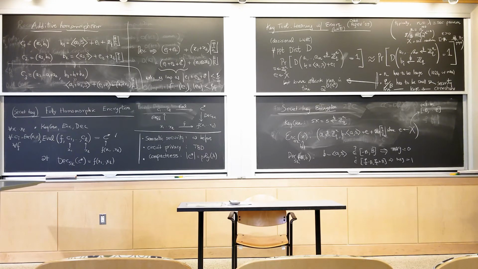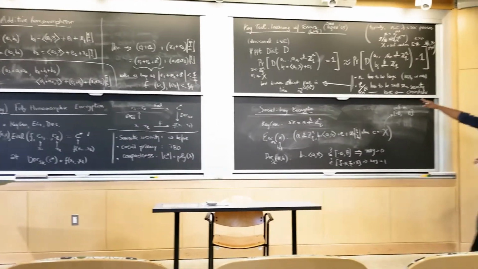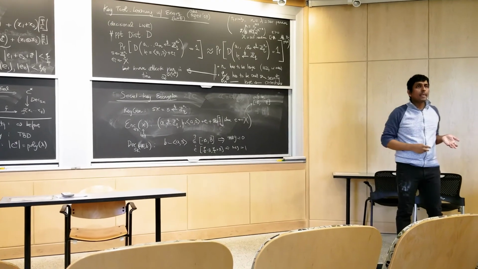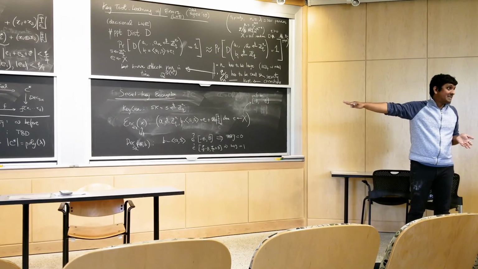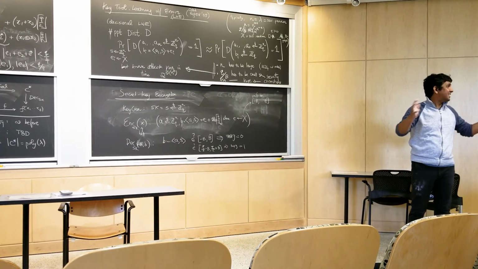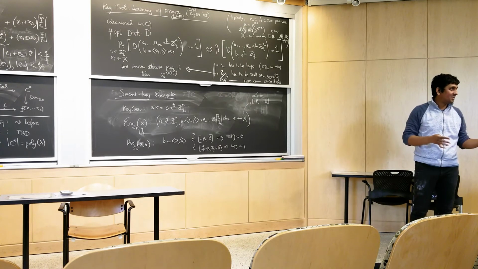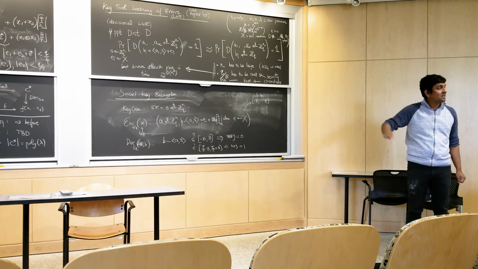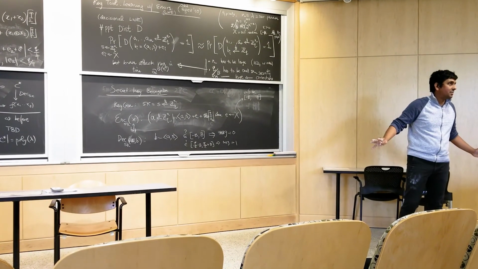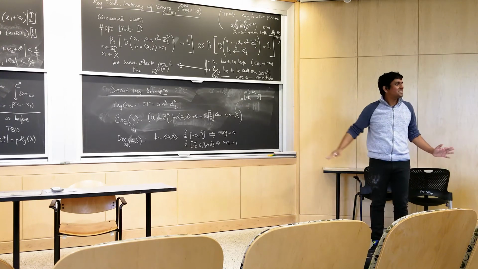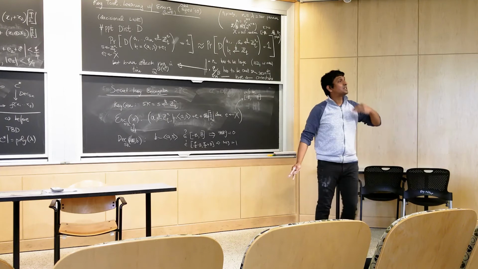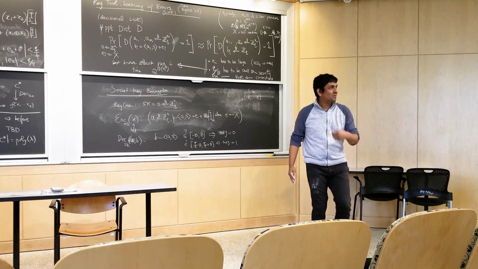To do multiplicative homomorphism, what I'm going to show you here will require me to set Q over B to be 2 to the n to the some small constant epsilon. That's what I'm going to show you today. But we have worked really hard in this space. We can actually get fully homomorphic encryption while setting Q over B to be a polynomial in the security parameter. Then the best known attack runs in time 2 to the O tilde, more or less 2 to the n. So in other words, you get exponential security while getting a fully homomorphic encryption.